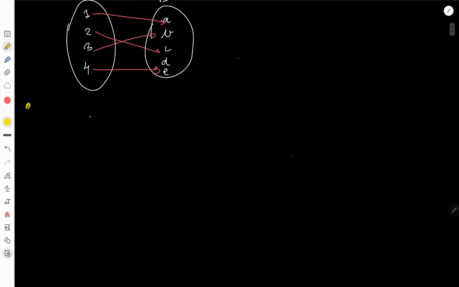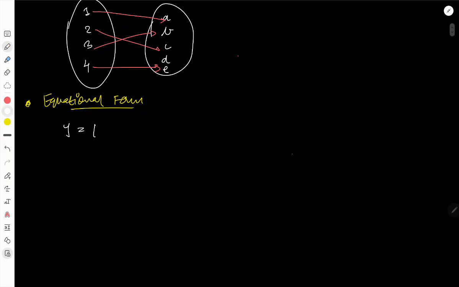And if we see it in an equational form, then a function can be well represented by y equal to f of x. So this is how a function is written in general form, y equal to f of x.